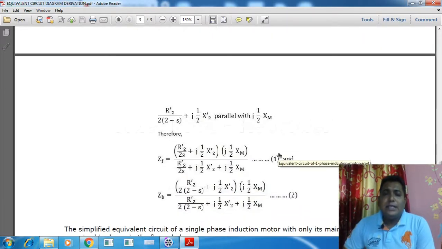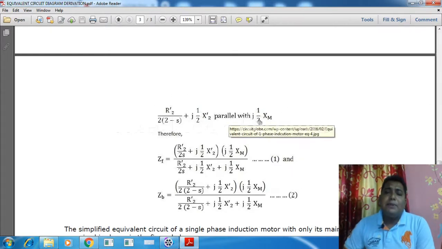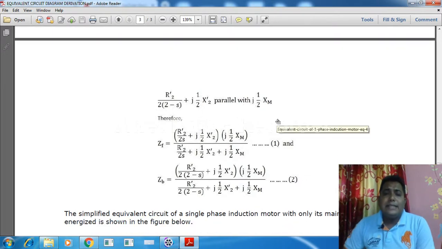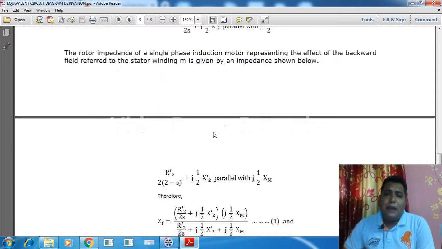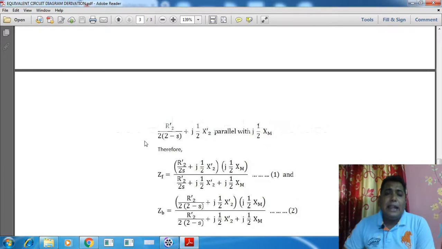So this is the backward impedance that is in parallel with this magnetizing reactance. Therefore forward path impedance is given by the parallel of these two, and backward path impedance is given by the parallel of these two.